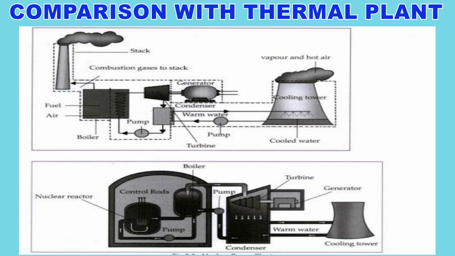So, the basic difference is that nuclear power plants use nuclear fission inside the nuclear reactor to produce electricity, while thermal power plants use heat with the help of a boiler to produce electricity. Other components like turbine, generator, condenser, cooling tower and pump occur in both nuclear and thermal power plants.